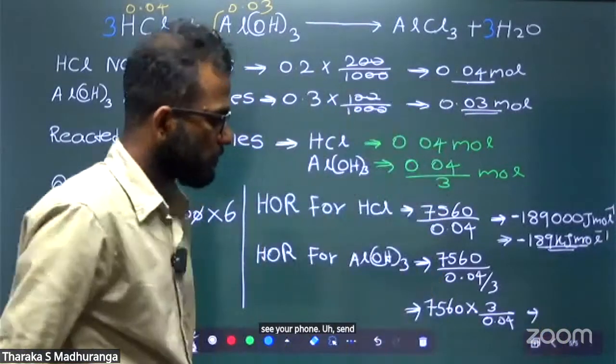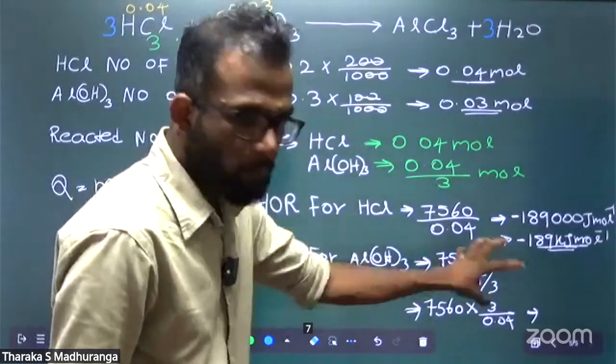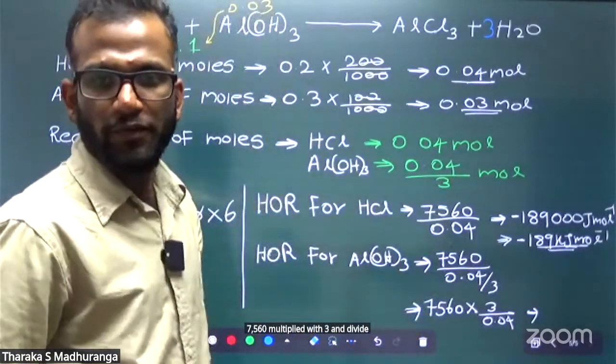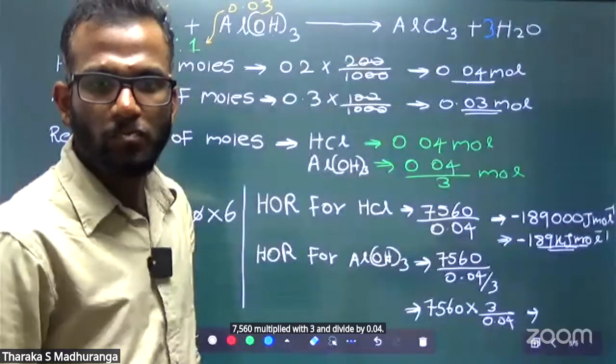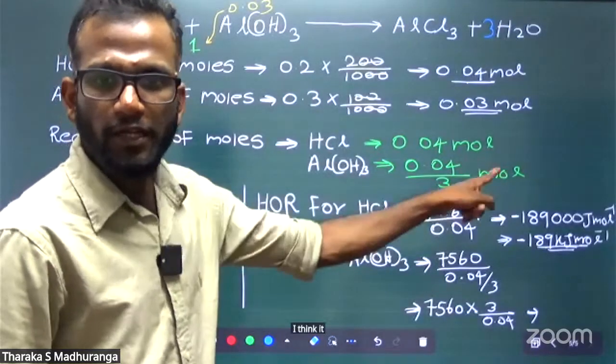Send me the value. 7560 multiplied by 3 and divided by 0.04. I think it is 3 times this value.